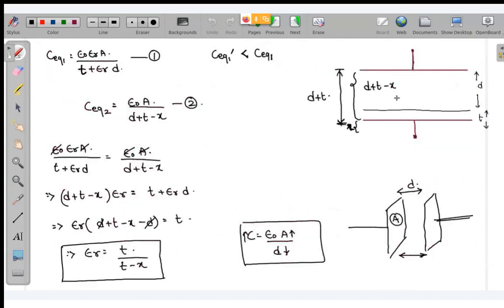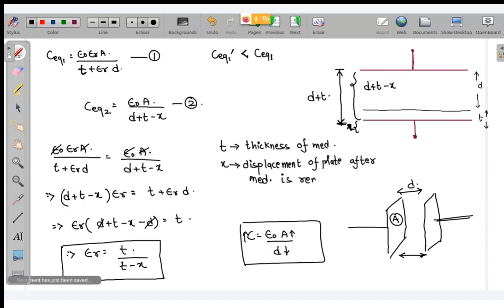So this is the formula where T is the thickness of the medium, and X is the displacement of the plate after the medium is removed.